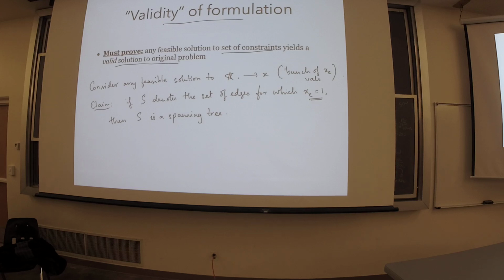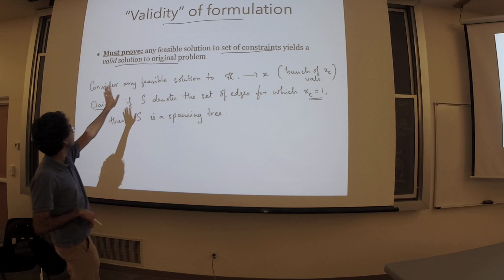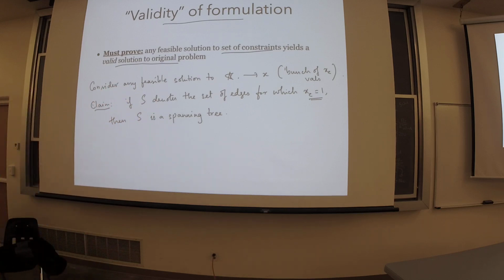And this will show the validity of this whole four-step process, because if you have this claim, then any feasible solution that you get is actually a valid solution to the original problem. So if you minimize the sum of we xe over all the feasible solutions, then you get the minimum spanning tree. So this shows that the whole process is valid.